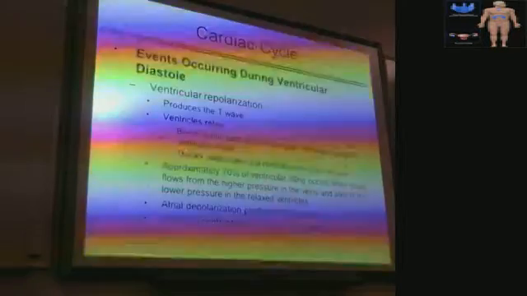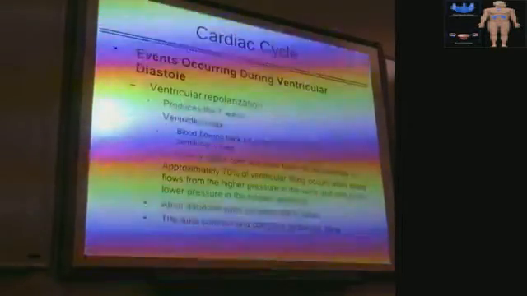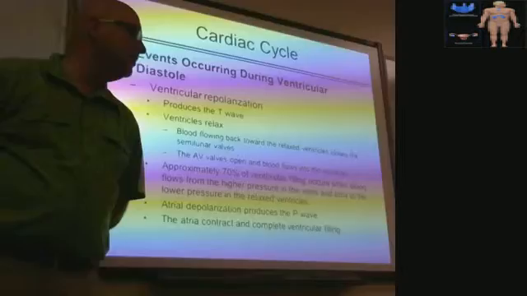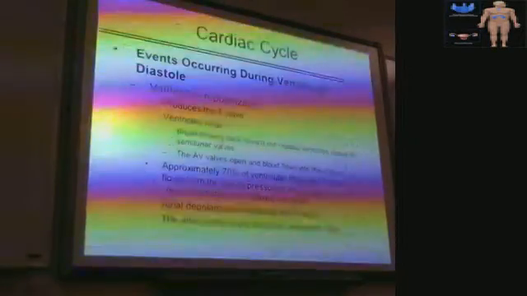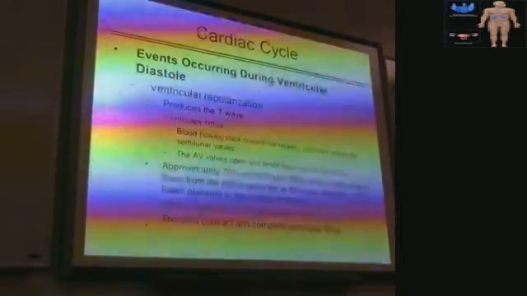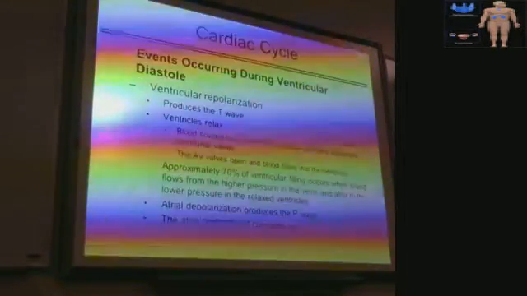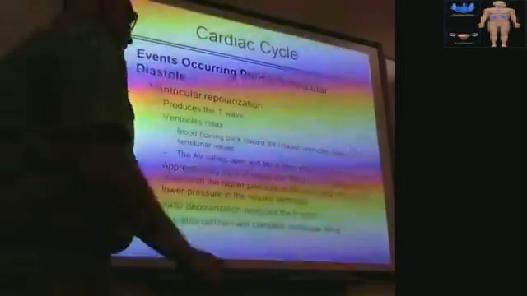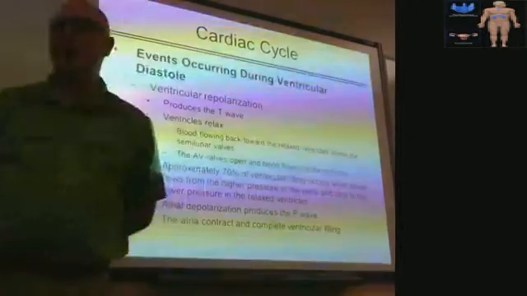Approximately 70% of ventricular filling occurs when blood flows from the higher pressure in the veins and atria to the lower pressure in the relaxed ventricles. Atrial depolarization produces the P wave. The atria contract and complete ventricular filling.